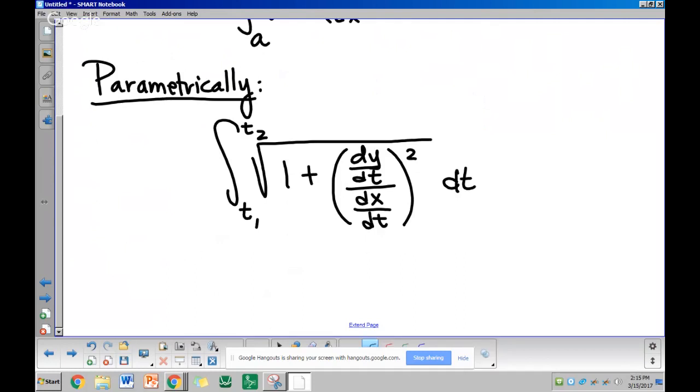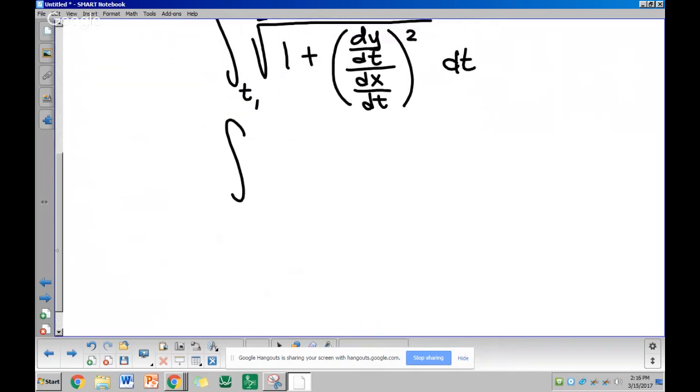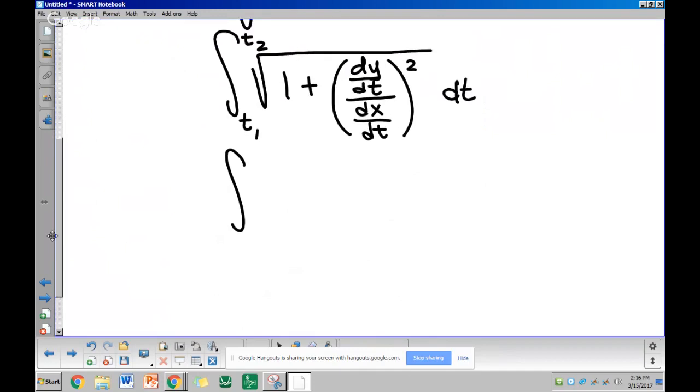Now, that looks pretty messy, doesn't it? You've got a double decker fraction. May I find a common denominator here? So this is still t1 to t2, square root of, what would the common denominator be? (dx/dt) squared.